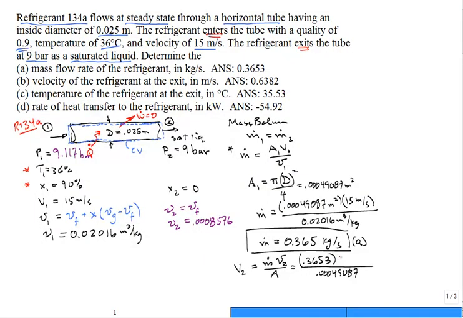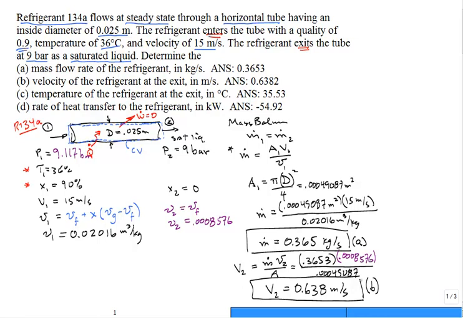So we'd put it right in here, 0.0008576. And our units would cancel, and we'd get the exit velocity to be 0.638 meters per second. We box it, and that's the answer for part B.